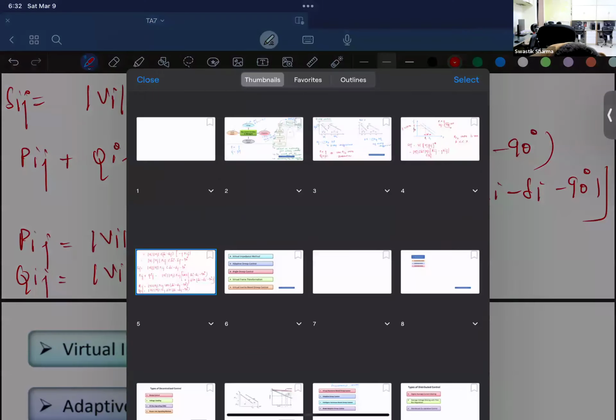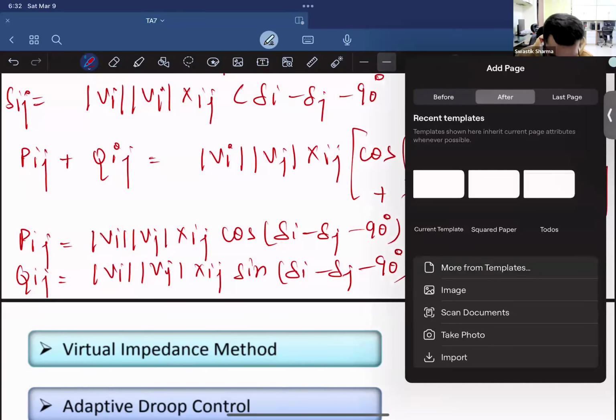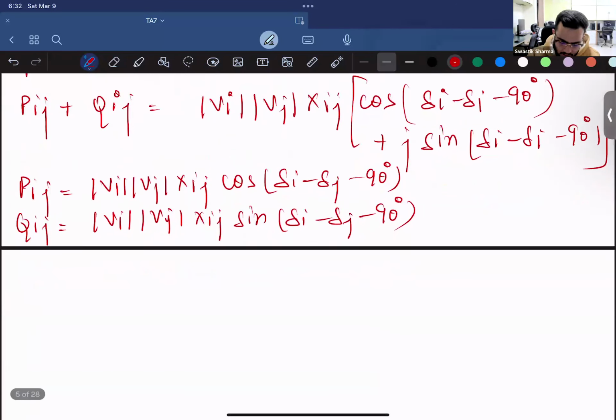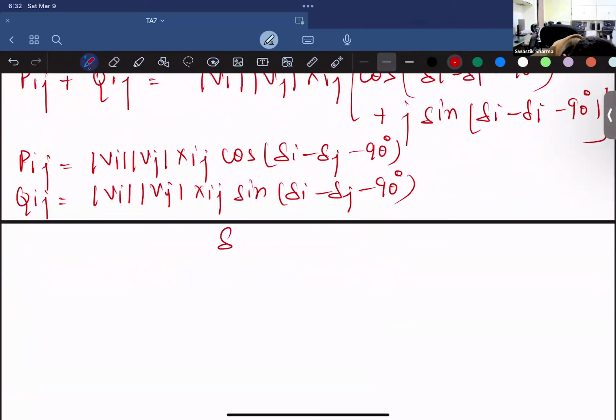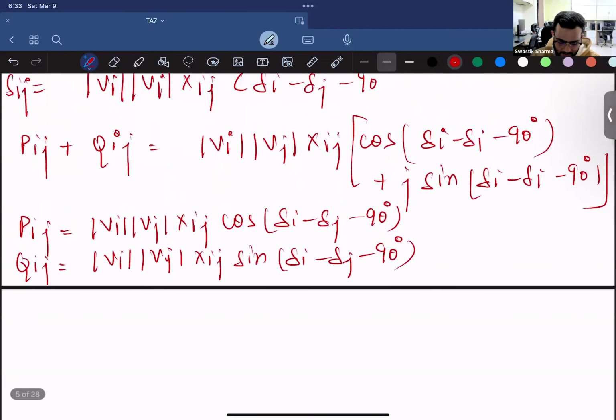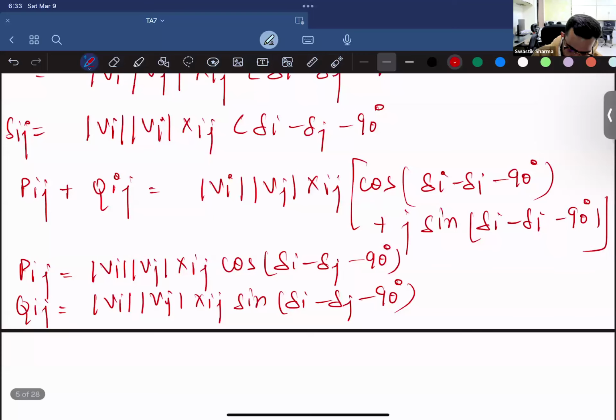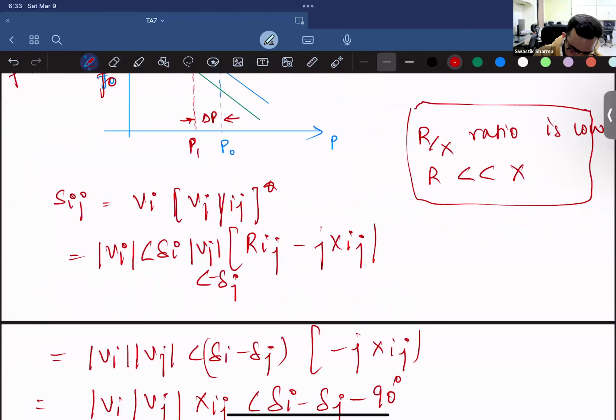Now, just a second. So I got you two terms. Can you remove 90 degrees from it? So cos of a minus 90 is what? Sin A. When I did this, just remember I included this assumption that r by x is very, very less than one, so r is very, very less than x.